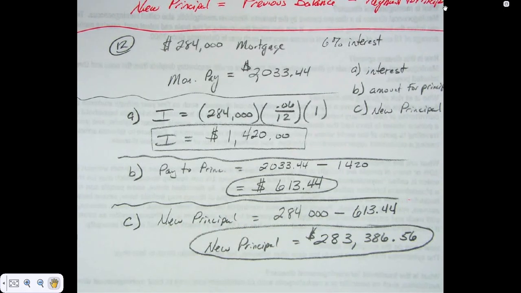And because your principal has changed, each month, the amount of that $2,033.44 that's paid towards principal increases. That's why people say if you can find a way to pay two house payments at once, or a house payment and a half each time, that second half is all going towards principal.